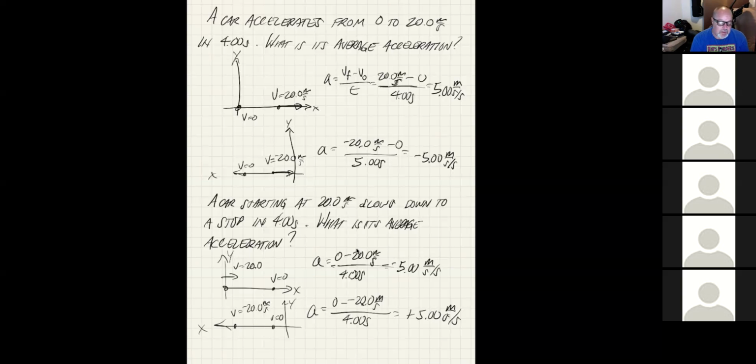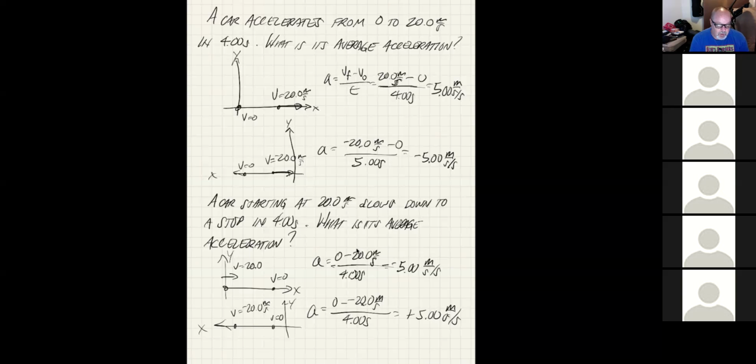It's got to be negative 20. So the final velocity minus initial velocity is negative 20 meters per second minus 0 divided by 5. That gives me negative 5 meters per second every second. So that is, in fact, exactly what you expect. A negative acceleration can be speeding up, but it's normally speeding up in the negative direction.